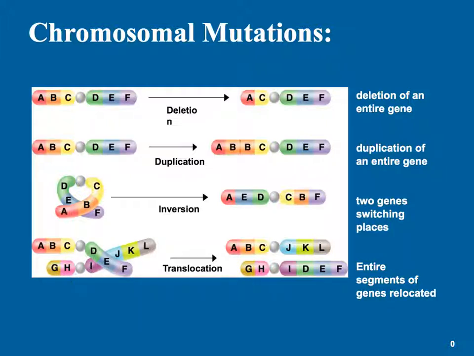But because they're so close together, when cells are dividing, pieces can break off and end up on another chromosome. So in a translocation, entire segments of genes can relocate. So you can see that GKL is now on this particular chromosome, and DEF is now on this chromosome. So chromosomal mutations affect the chromosomes themselves, and gene mutations only affect a specific gene.